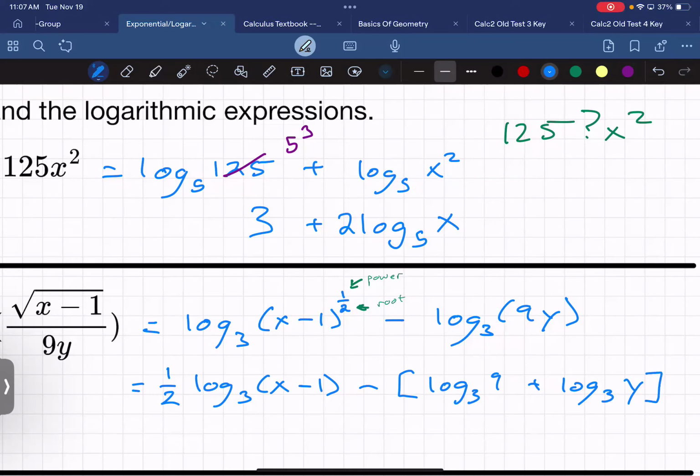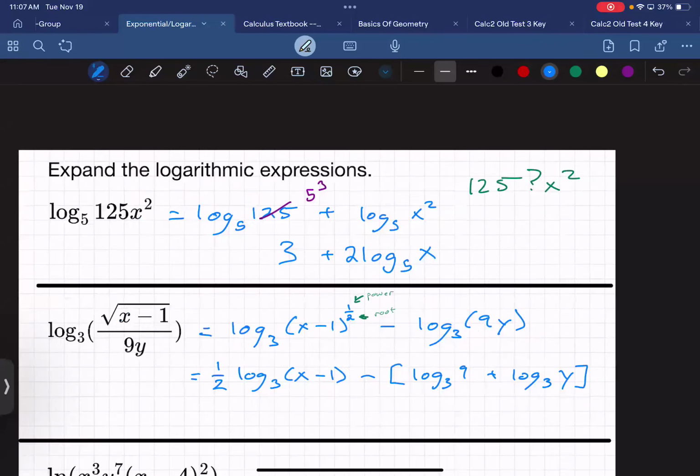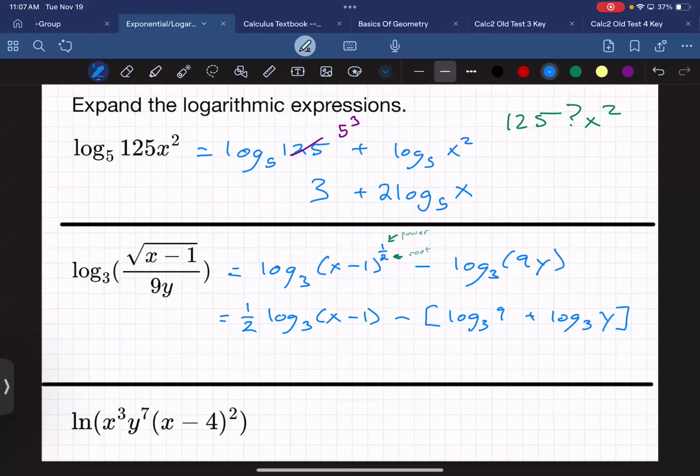The key is I separated the 9 and the y using the product property. Now, what does log base 3 of 9 equal? It's 2. 3 times 3 is 9, right? So there's 2 3s. Make sure you see that that's 2.